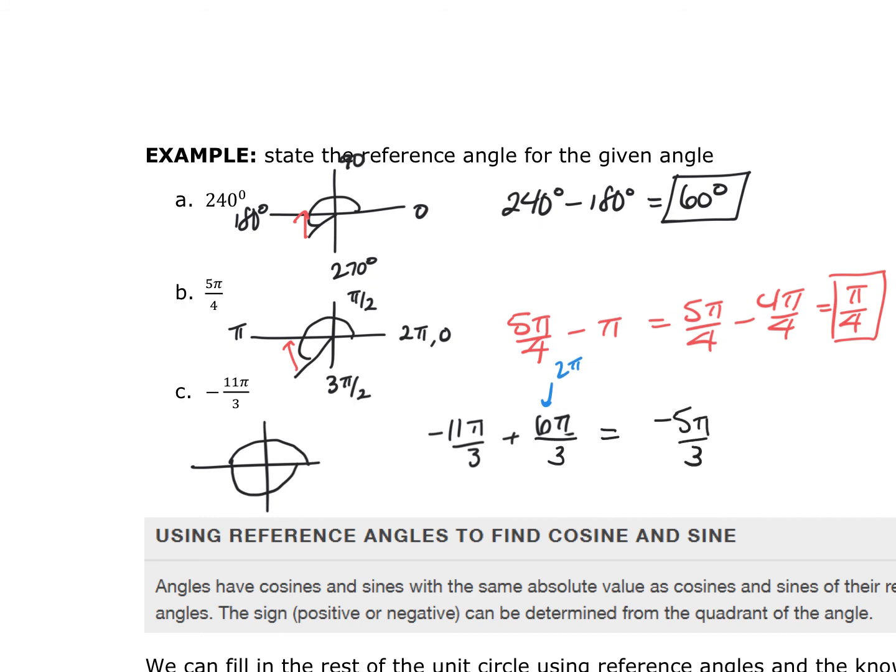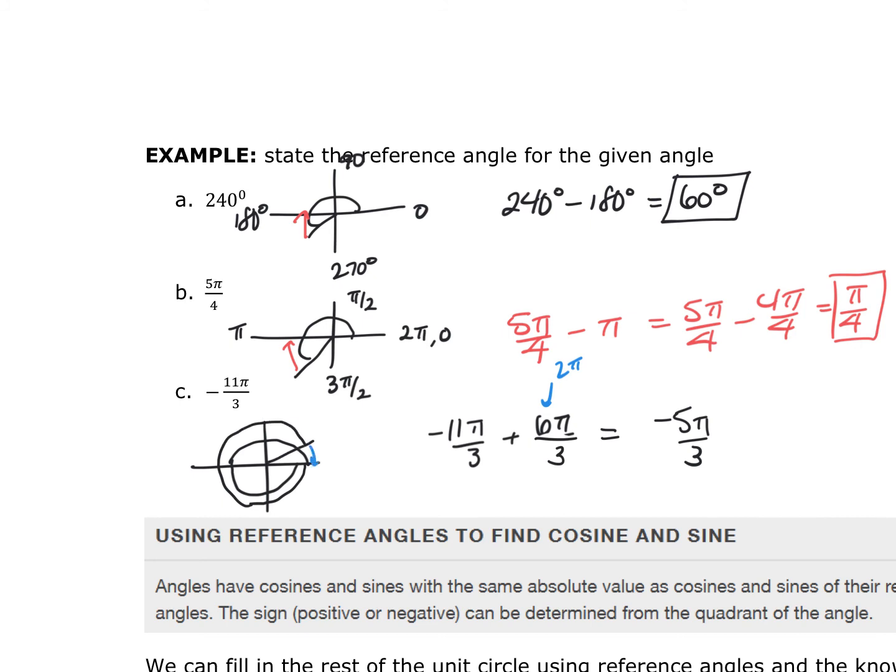So that's a coterminal angle. I've done one full rotation, and negative 5 pi over 3 is not quite to 6 pi over 3, so that means I must be landing here.